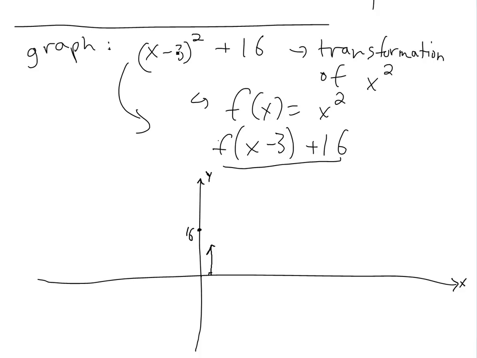Then this is negative, so we go to the right. We shift right 3. Let's call this 3. So we go up and then we go right, and then it's going to be a parabola. There you go, this is very easy. And this is just x minus 3 squared plus 16.